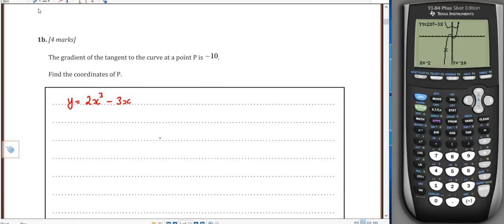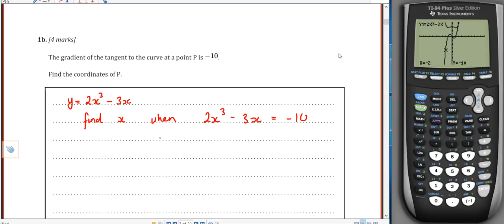So we want to find x when 2x cubed minus 3x equals negative 10. So she graphed it and tried to find where it's negative 10. Now it's quite nice, easy numbers.